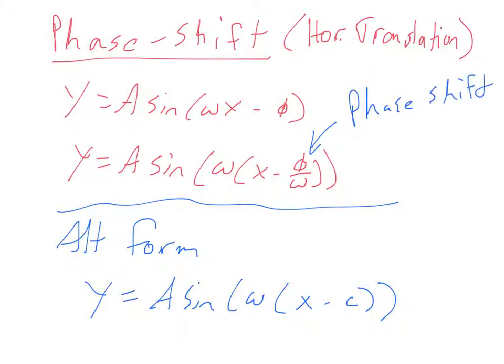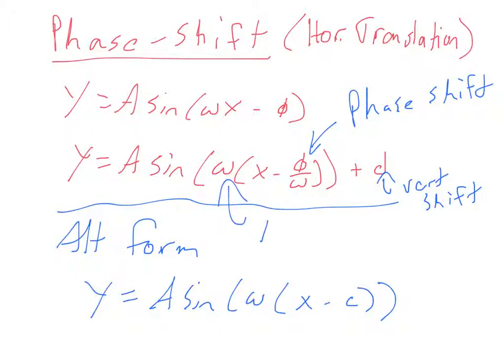And then oftentimes we also have a vertical shift as well, right? We'll push it up or down by some amount, and we'll just call that d for now. So we have our phase shift and our vertical shift.